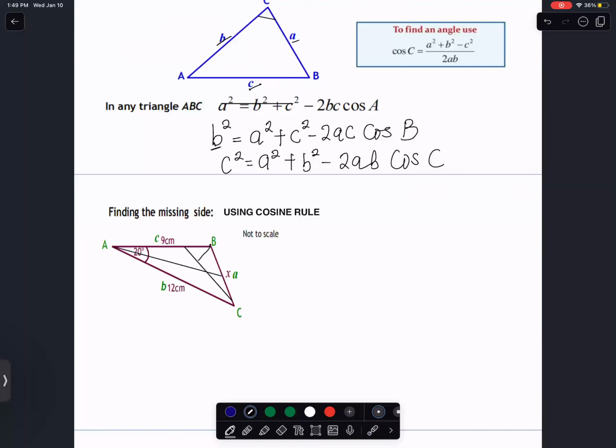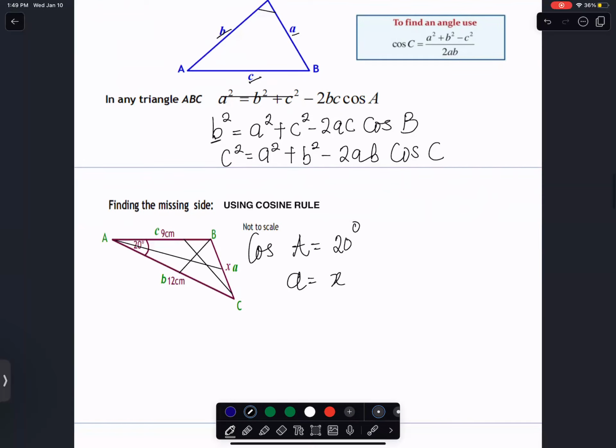So we are looking for x, which is A. So I have A equals x, and the angle at A is 20 degrees. That is my cos A.